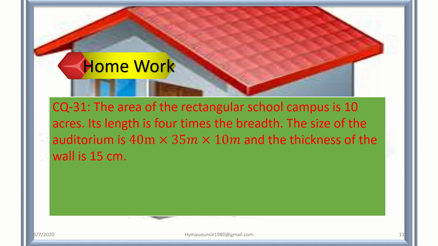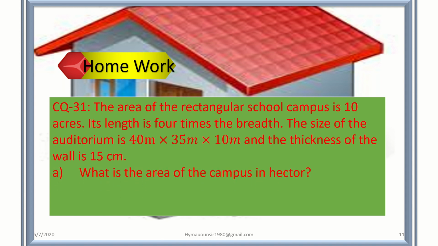You have to always remember, when the length, breadth and height of the auditorium are given, you have to think the length and breadth of the auditorium with wall are given. Okay, now follow the solution.